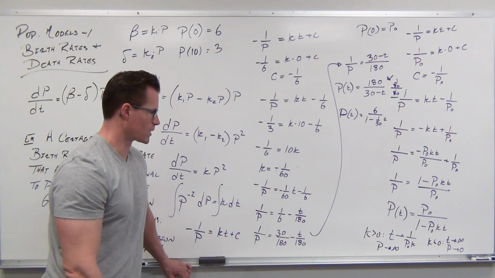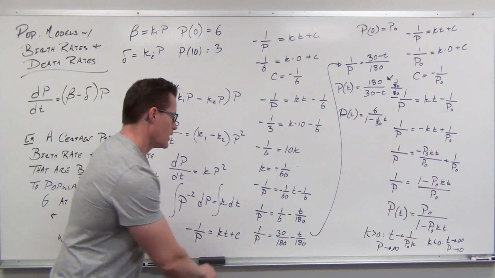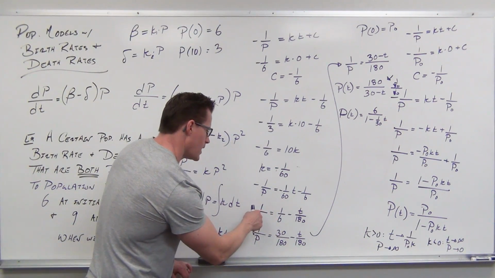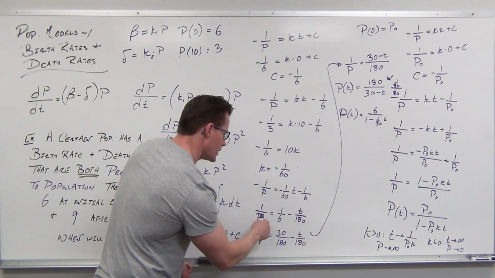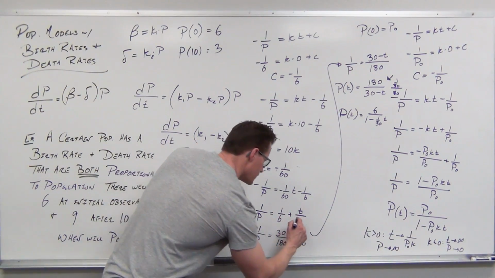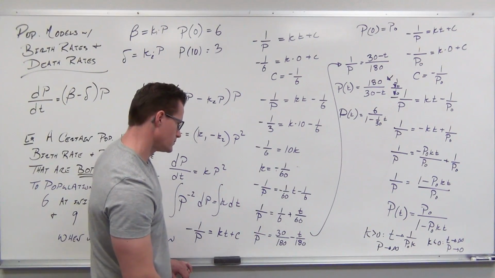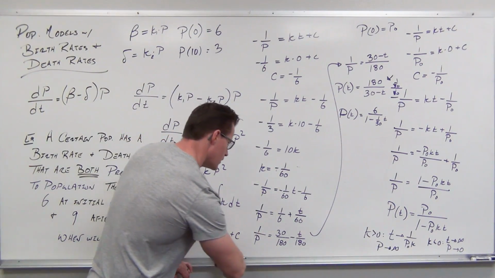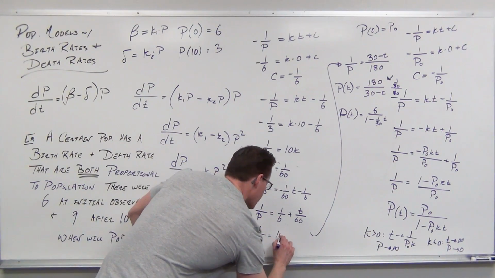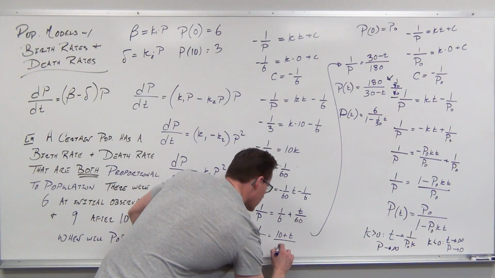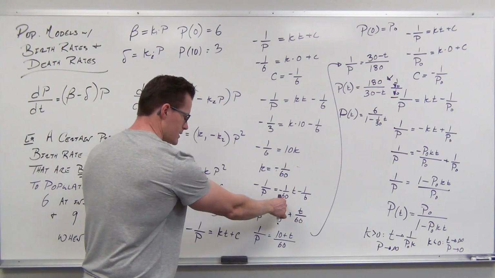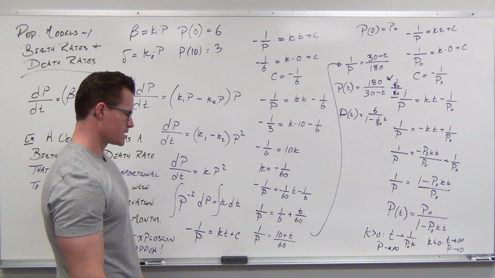We know what's going to happen. We're going to get an extinction event. This would be, let's see, still positive 1/6, but we would get a positive t over 60. Then this would give us ten plus t over 60. Getting a common denominator, you'd have 10 over 60. So 10 plus t over 60.